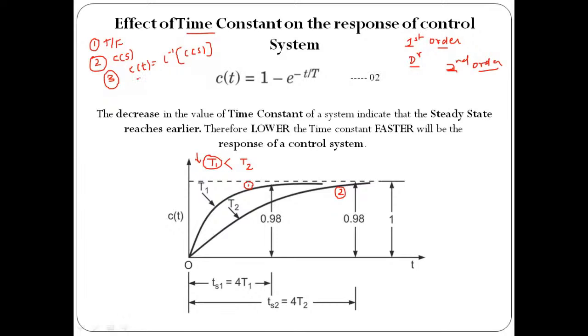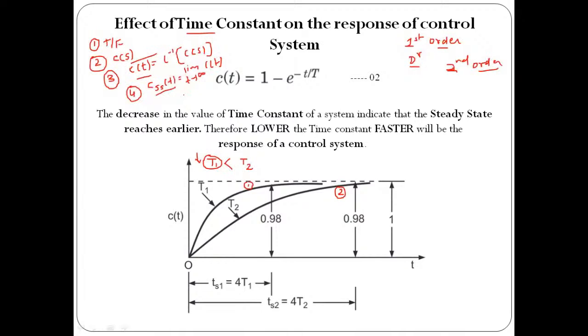And if you know the value of C of t, then by applying the logic, C_ss of t is nothing but the portion of the total time response which is available at t tends to infinity. That means limit t tends to infinity of C of t. And once you know the value of C_ss of t and C of t, it is very easy for us to find C_tr of t. We need to subtract C_ss of t from C of t. You will get C_tr of t. That's it.